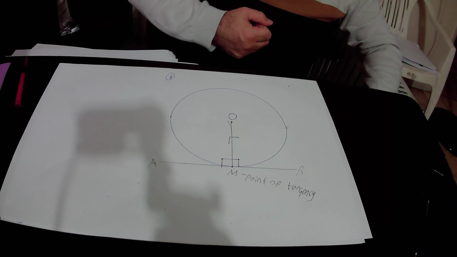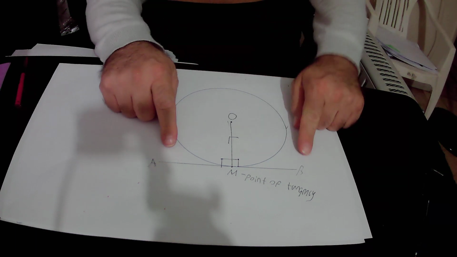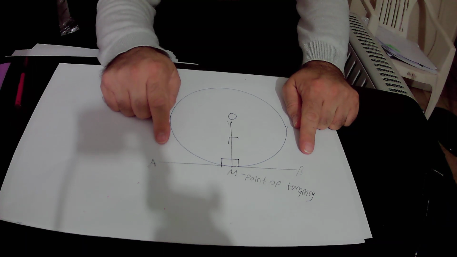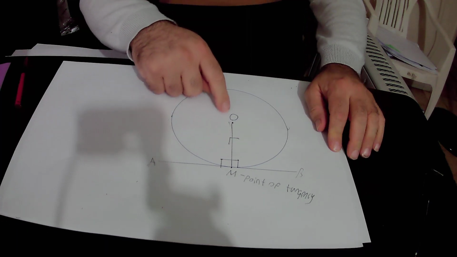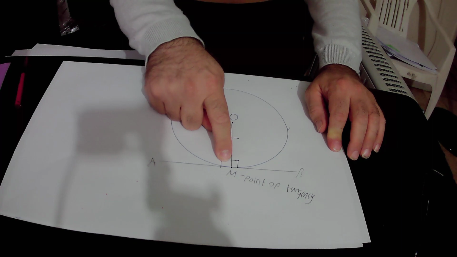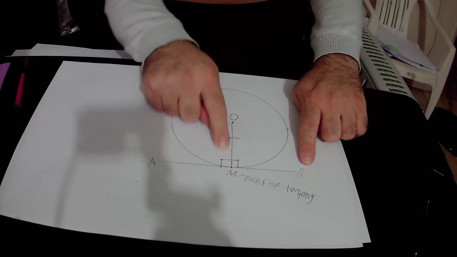So according to rule number 2, a tangent to a circle, that is to say tangent AB, is perpendicular to the radius drawn to its point of tangency. So we have this radius OM, drawn to the point of tangency, that is to say to point M. Therefore the tangent AB is perpendicular to this radius.